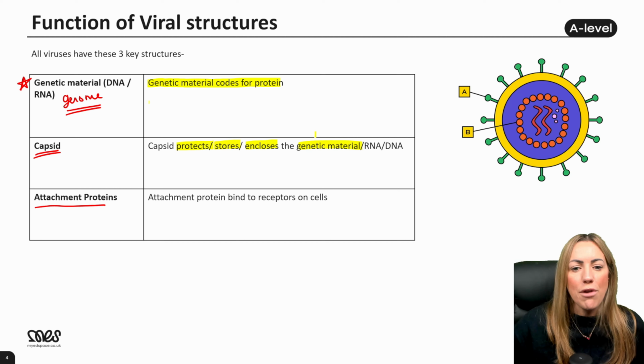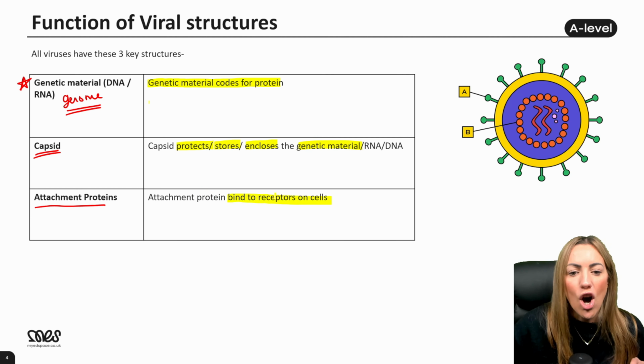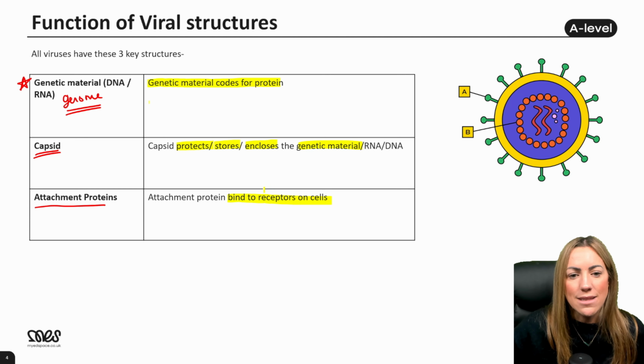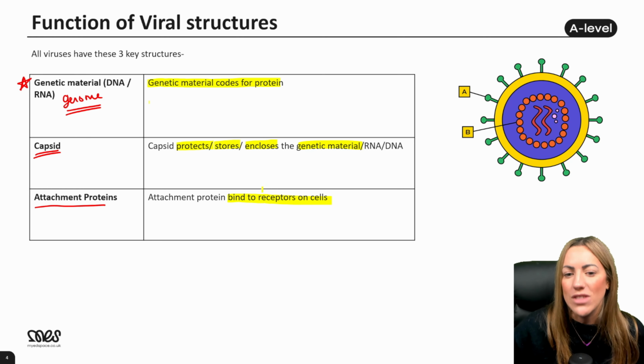Finally, the attachment proteins, which are on the surface, they actually attach to receptors on the host cells. And this is how a virus actually enters a host cell. So it uses those attachment proteins to bind to receptors. The receptors will be complementary to the attachment protein.